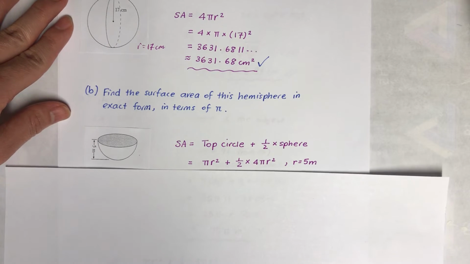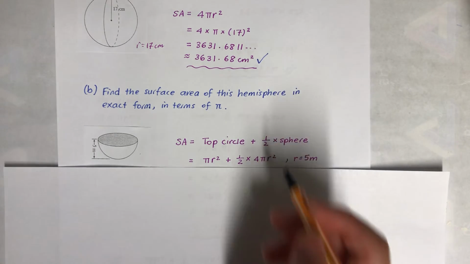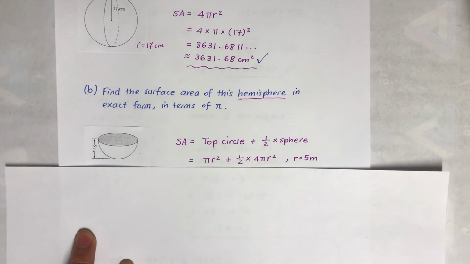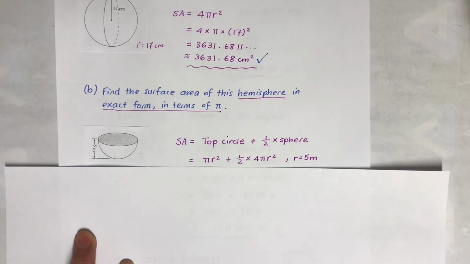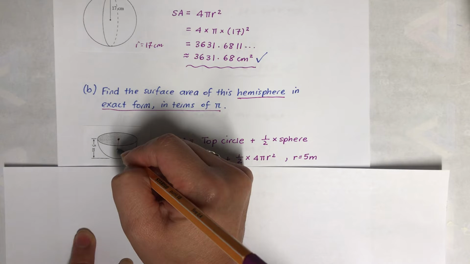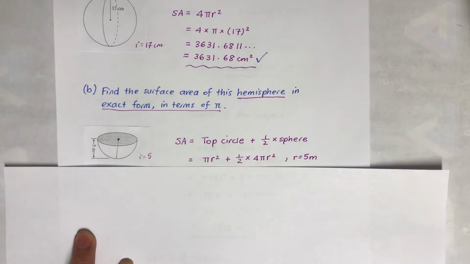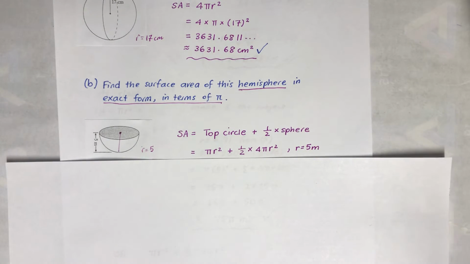The next one: find the surface area of this hemisphere. A hemisphere is half of a sphere, in exact form in terms of pi. Now that's my middle section there, and that's my radius, so my radius is 5. Now when you look at this surface area, I know it's half of a sphere, but what happens to the top part?